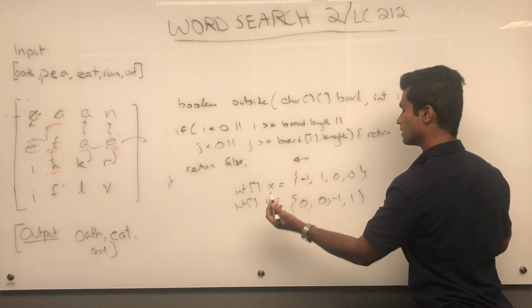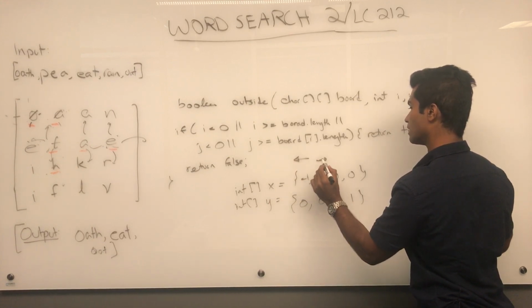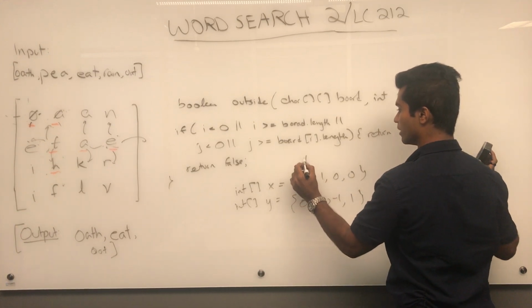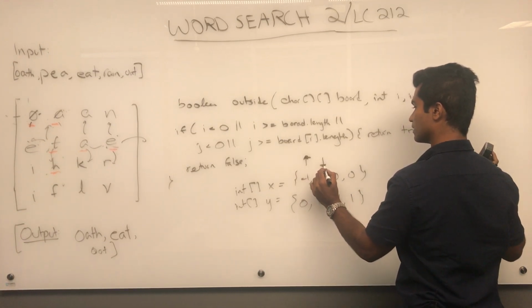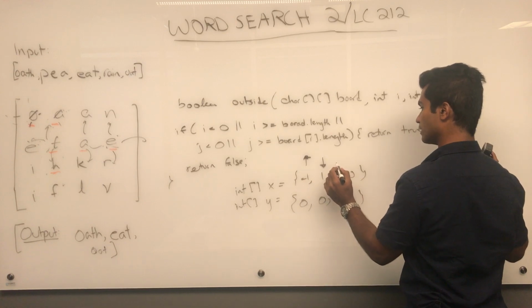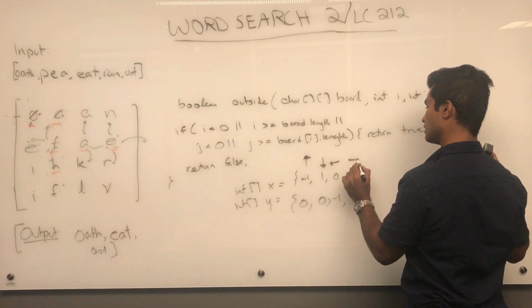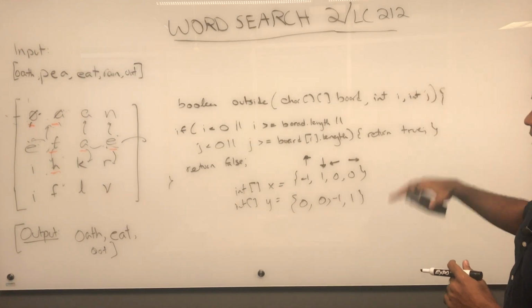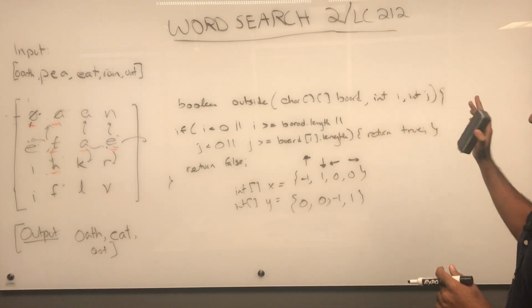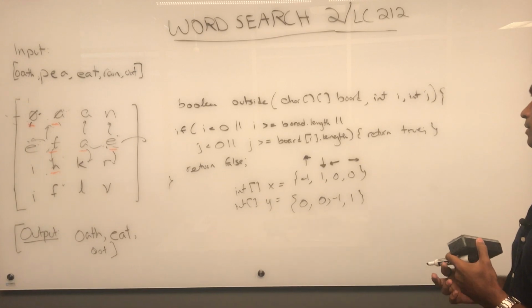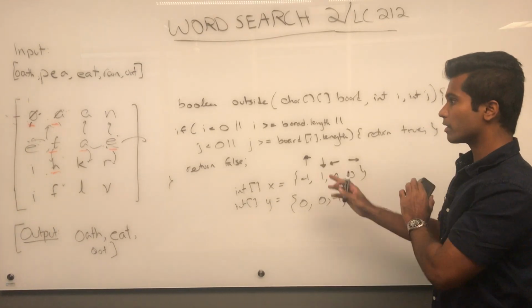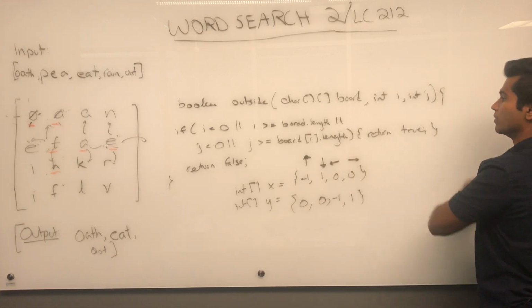This is going up. This is going down. This is going left. This is going right. Up, down, left, right. Okay. So we have our helper method and the global variables.